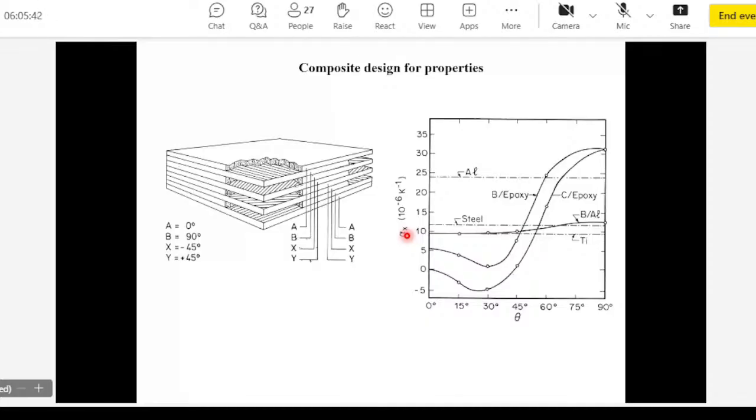So this is 0 expansion coefficient, here -5. So you can see that you're coming down to negative expansion coefficient when you have certain orientation of the fibers. So the main message here, you can actually design polymer composites for specific properties, thermal, mechanical, strength, stiffness, and other things.